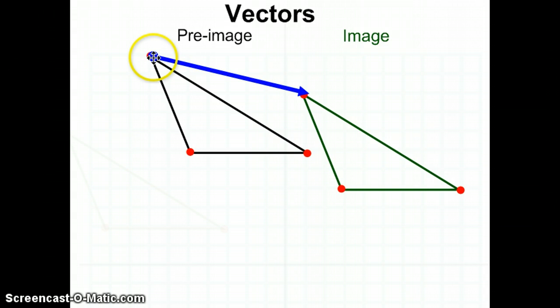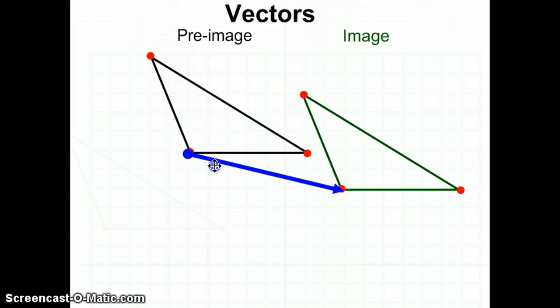So this top point in the pre-image corresponds to this top point in the image. But if I were to take this same exact vector, and instead of starting it at the initial point of the top left point, what if I were to start it at the bottom left point of the shape? And guess where the terminal point ends up? At the corresponding point on the image.